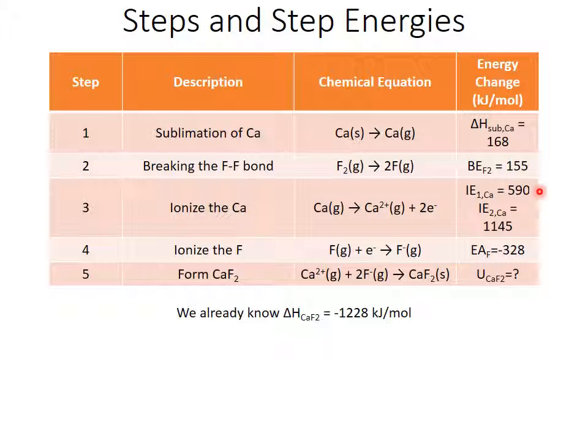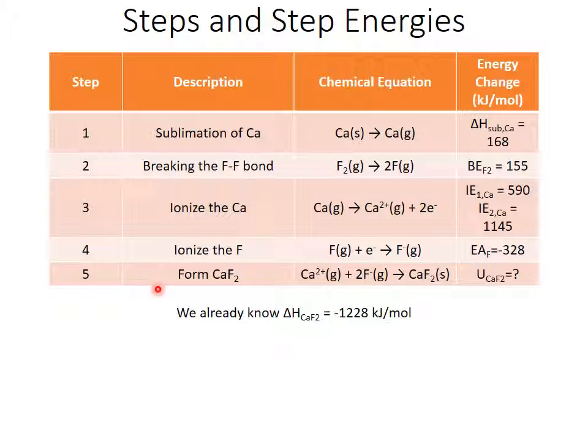That's going to cost us 590 kilojoules per mole for the first electron, and 1145 for the second. Then we'll ionize the fluorine. F plus an electron will go to F minus. The electron affinity of fluorine is -328, and we're going to need to count that twice because we're going to make 2 moles of fluoride ions.